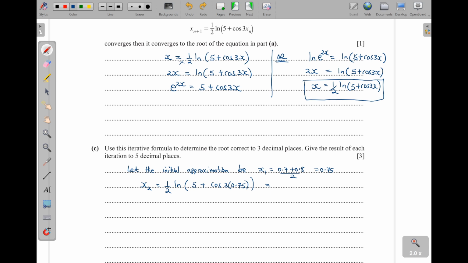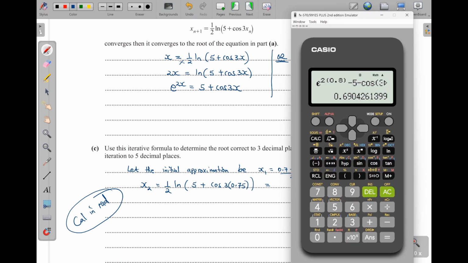And since we are having a trigonometric expression here, then we are supposed to put our calculator in radians. I always write it here, calc in radians, so that you don't forget. So the moment you reach here in numerical methods and you see a trigonometric function, turn your calculator to radians. So already in part A, my calculator is in radians.